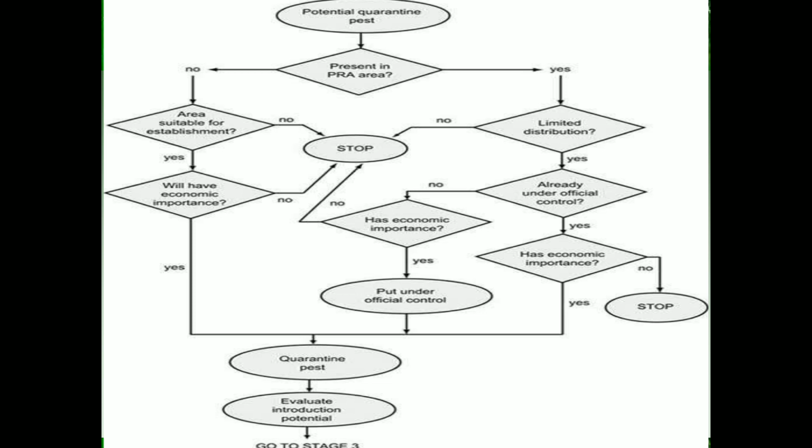Suppose that potential quarantine pest is observed in the initiation stage. Then we assess whether the quarantine pest is present in the PRA area or not. If that pest is not present in the PRA area, we assess whether the PRA area is suitable for further establishment of the pest.